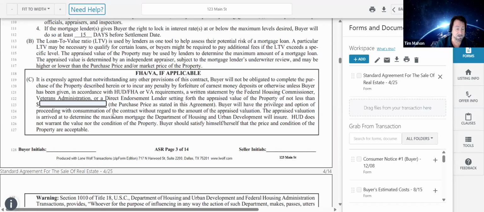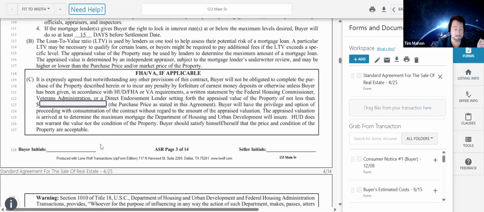So if we were doing an FHA contract, we're not on this example, then I would put 300 in here. In other words, the sale price of the property. The property must appraise for the price, or the buyer is not allowed to buy the property. That means you end up renegotiating the contract. Now, with conventional financing, this doesn't exist.